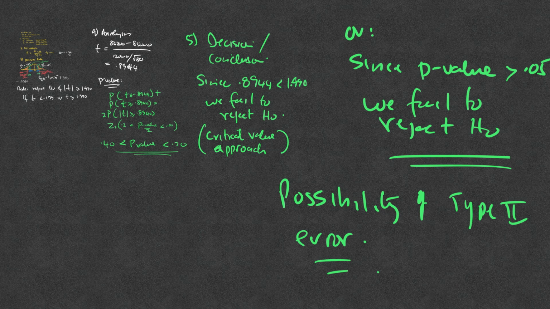So, another way of thinking about a p-value is, what is the risk that you're taking if you reject the null hypothesis? Because in order to reject the null hypothesis, you have to be considered an outlier. So if I'm considering this an outlier, how much risk am I taking? The actual risk in probabilistic terms is the probability that we associate with it. In that case, it was almost 0.